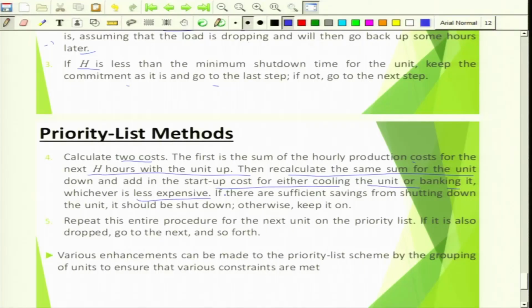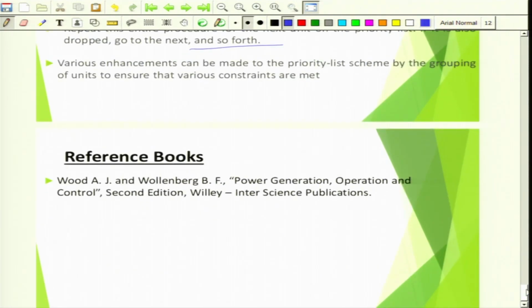Whichever is less expensive, if there are sufficient savings from shutting down the unit, it should be shut down, otherwise keep it on. Repeat this entire procedure for the next unit on the priority list. If it is also dropped, go to the next and so forth. You do it for the next iteration also, that is it. So various enhancements can be made to the priority list scheme by the grouping of units to ensure that various constraints are met. So that is it for today's class. Thank you very much.